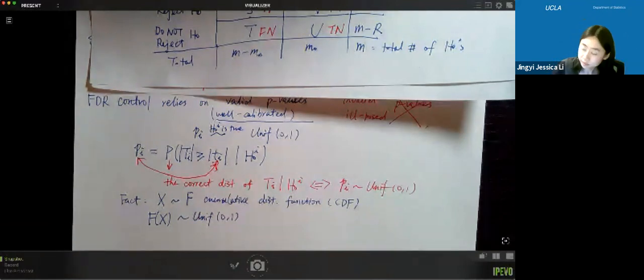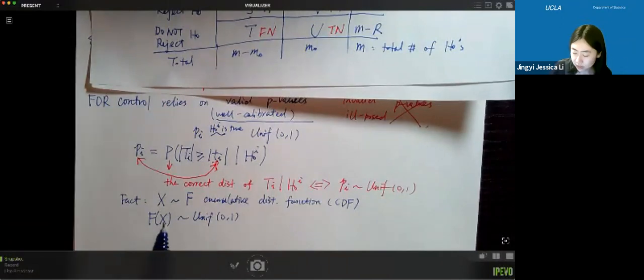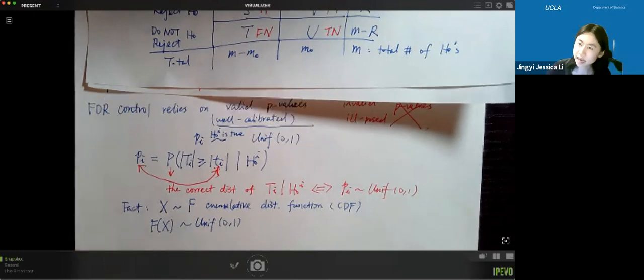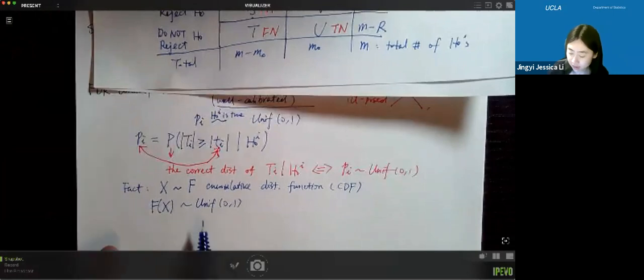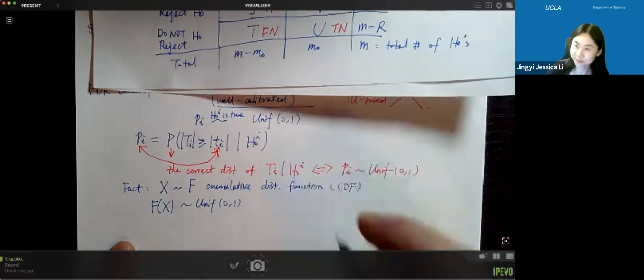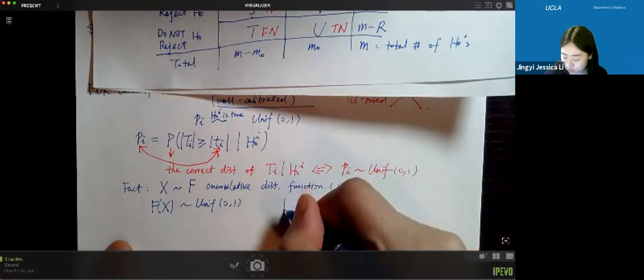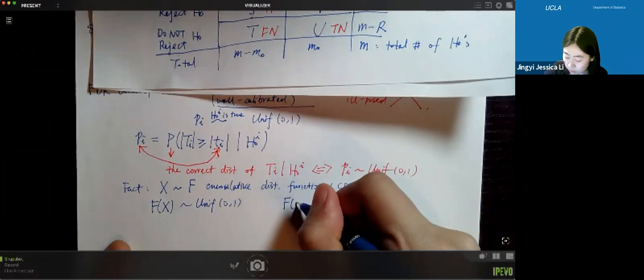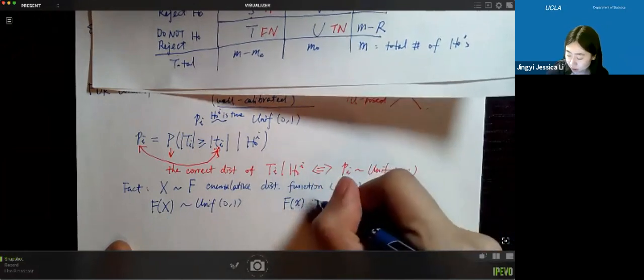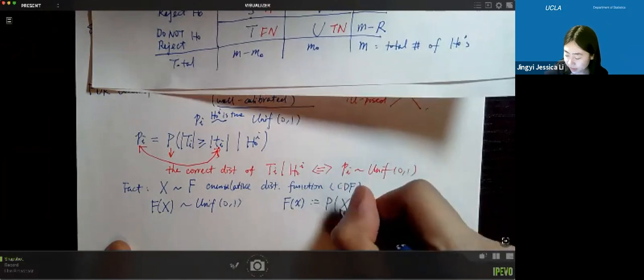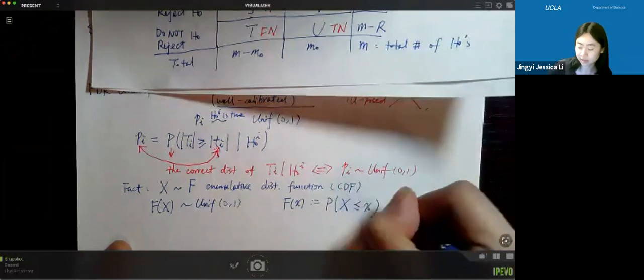Why is that? If you think about it, this is just based on a transformation, and this transformation basically flattens out the distribution of the random variable. To show that exactly, we can take a look at this f(x). I need to add one more thing: lowercase f(x) is defined as the probability that the big X is less or equal than lowercase x.